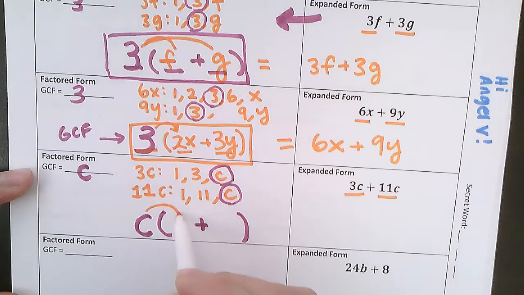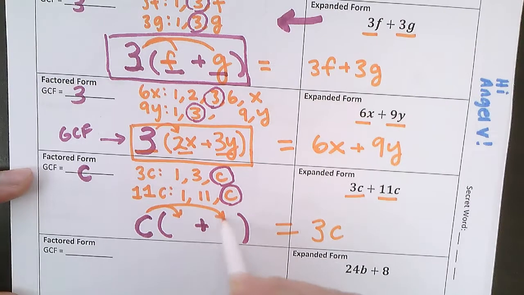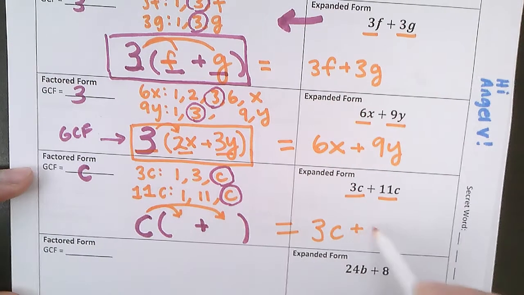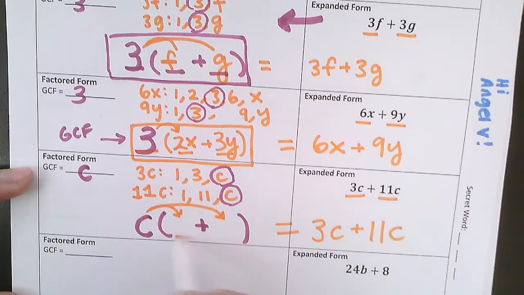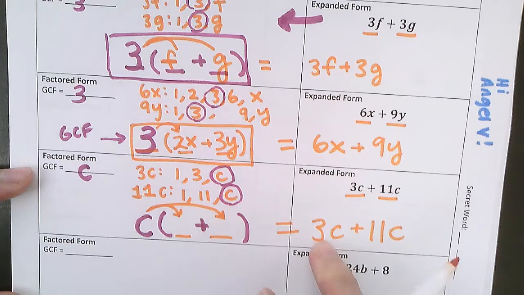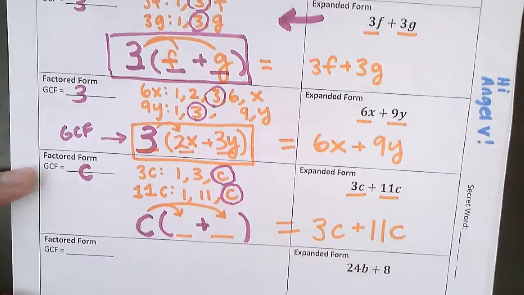So c times what is going to get you to 3c, and then c times the second blank is going to get you to 11c. Here and here.